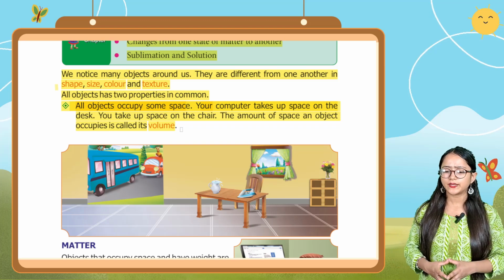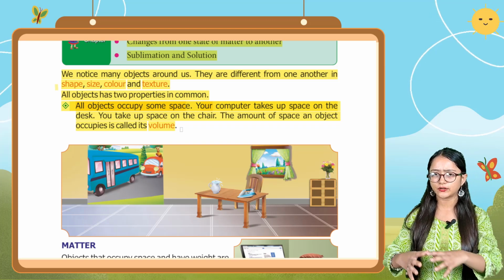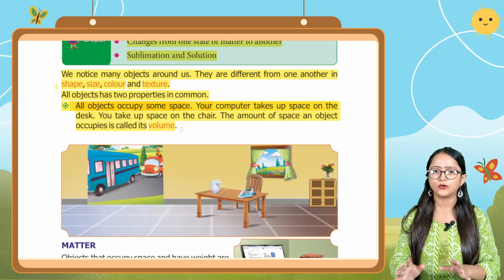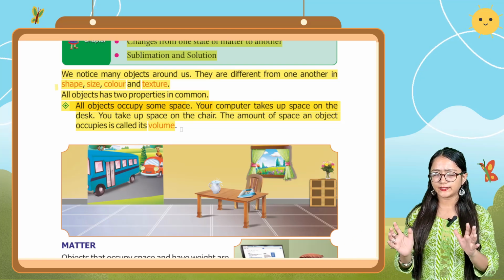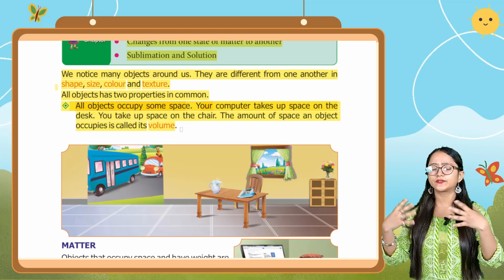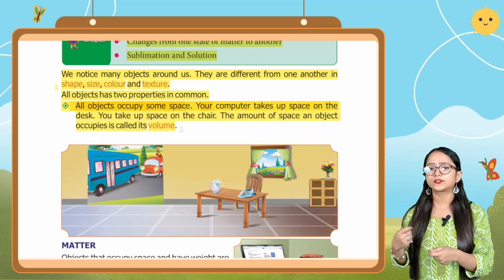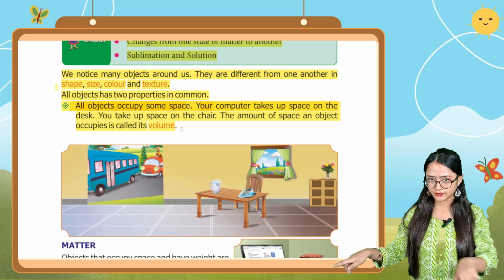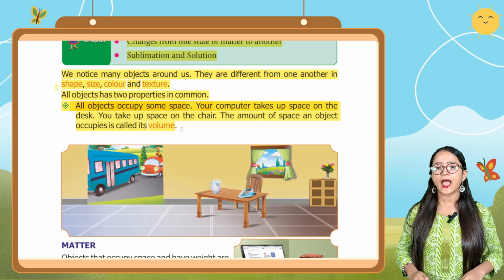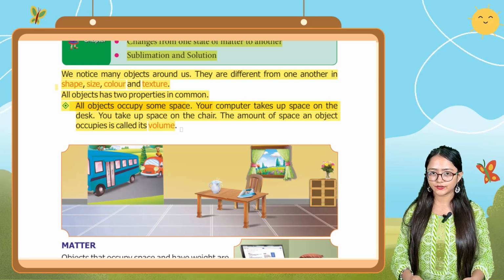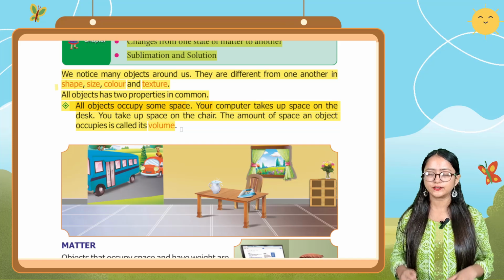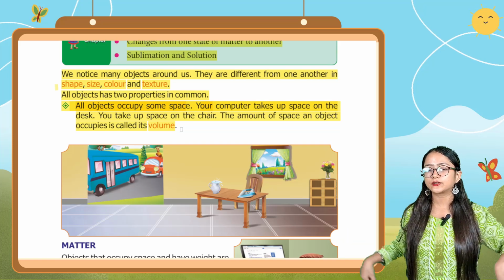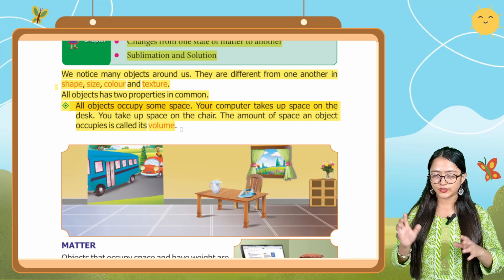So when you put your computer on the desk, the computer is covering that amount of space. And you are sitting on the chair in front of that computer, covering up the space on that chair.